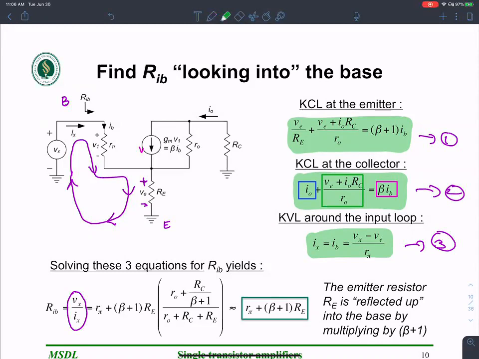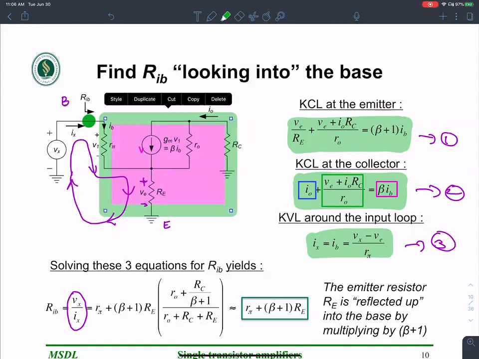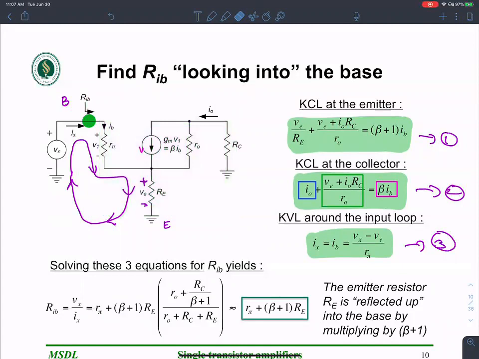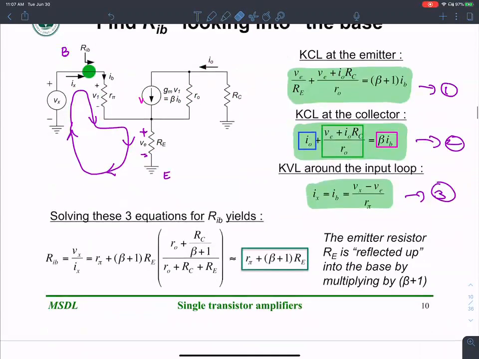If you remember, my argument to begin with was, if I think of all of this as a black box, the resistance looking at this node, the input node, is simply Vx over Ix. Sure enough, using the equations 1, 2, 3, I should be able to derive an expression for Vx over Ix, which appears something like this.